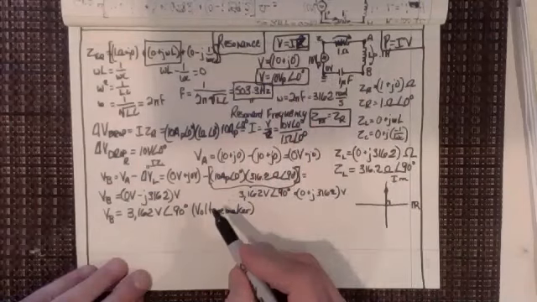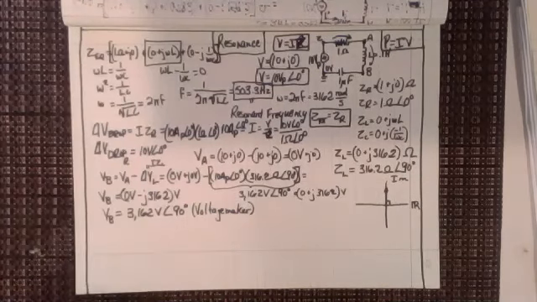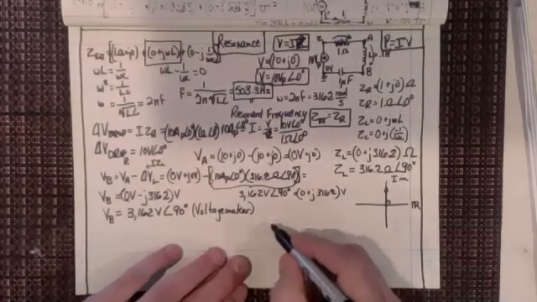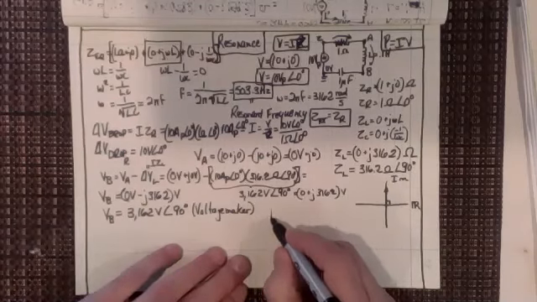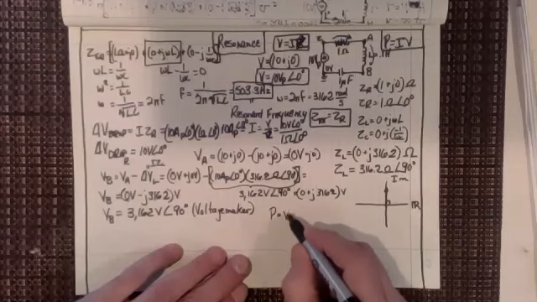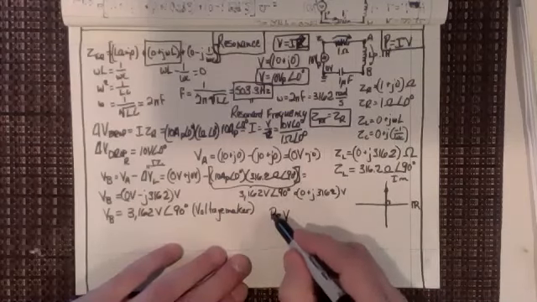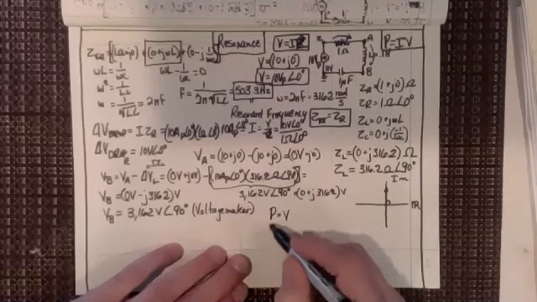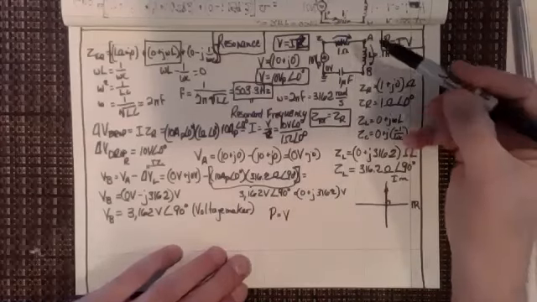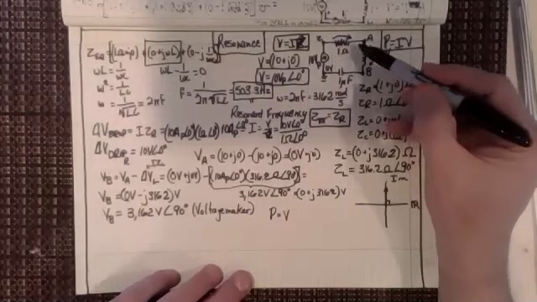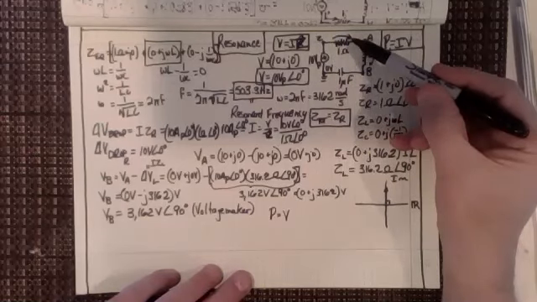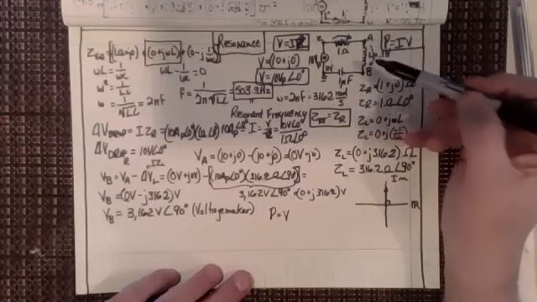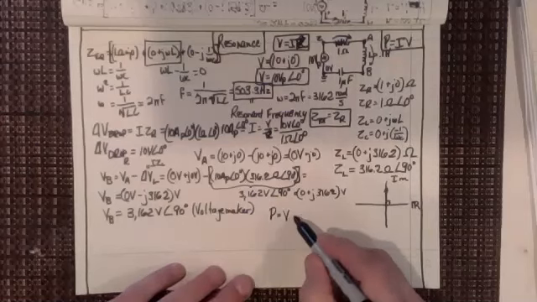And then also, I guess we could look at the power in this circuit too. If we were looking at the power, our voltage across any one of those things, let's say this one here, we're going to have a voltage across there of 10 volts, and the current that's going through there is going to be 10 amps.